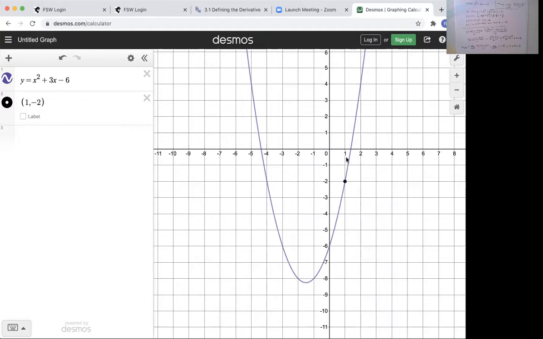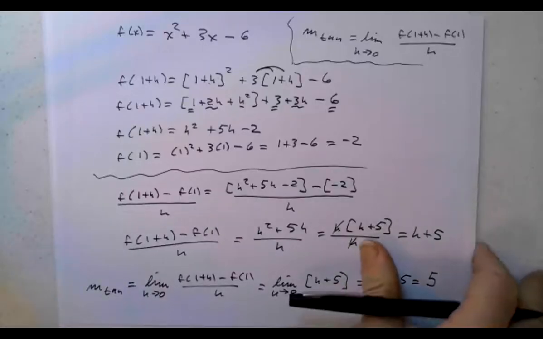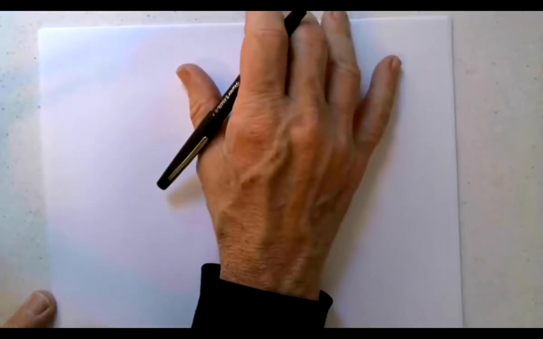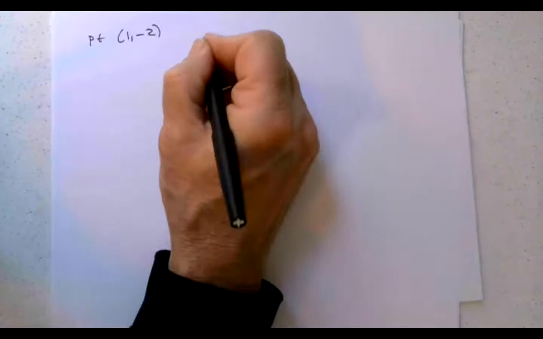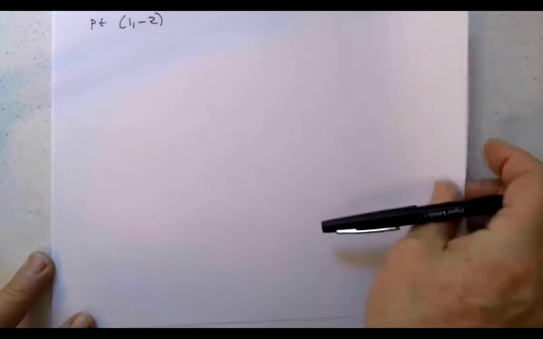So what am I going to do? I have the point. The point is 1, negative 2. And I need the slope to be 5. So the point, again, is 1, negative 2, and the slope is 5.